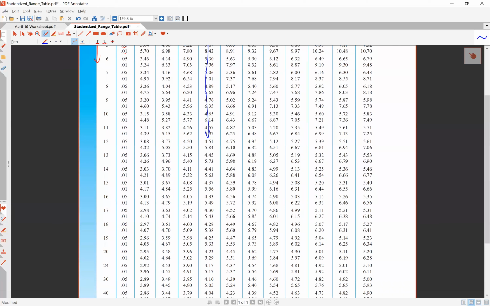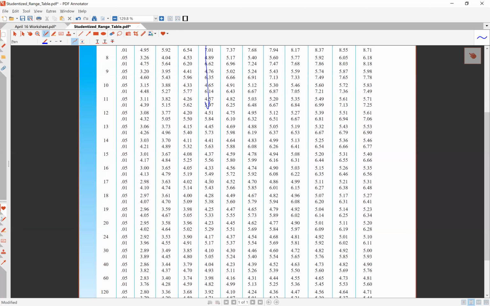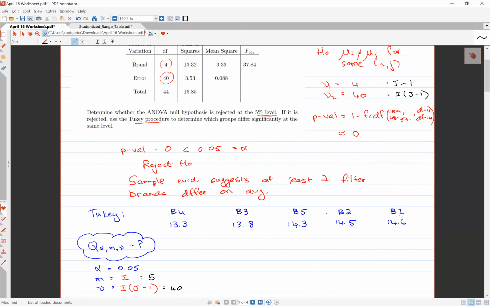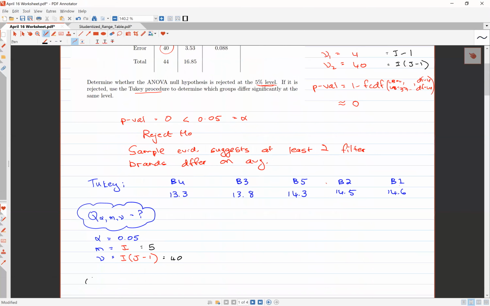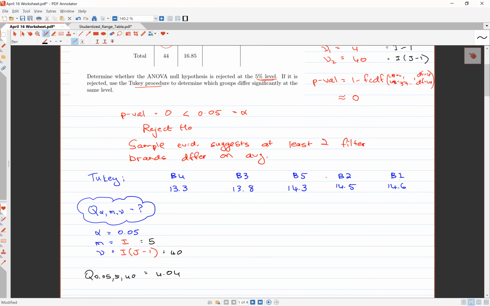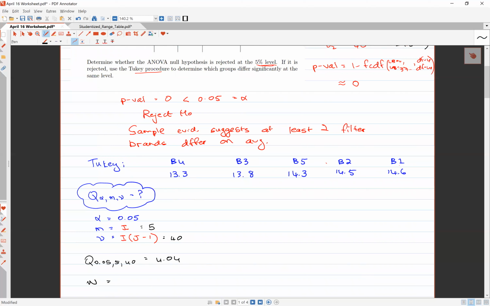We know our second degrees of freedom value is 40. So we'll read from that row, and we want it for alpha equal to 0.05. And so our Q value is 4.04 in this case.